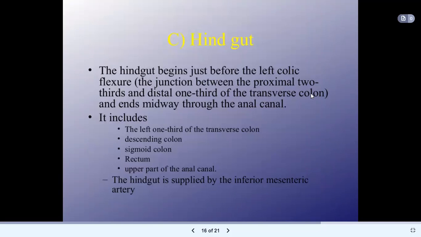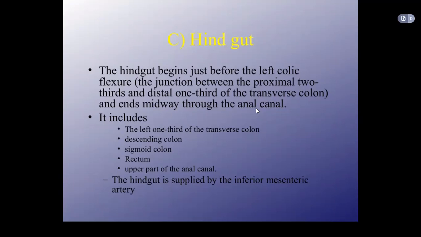So at that place, we'll have what we call the left colic flexure. Now, it ends midway through the anal canal. So your hind gut begins from the left colic flexure and ends in the anal canal. I'll show you a diagram that explains that.